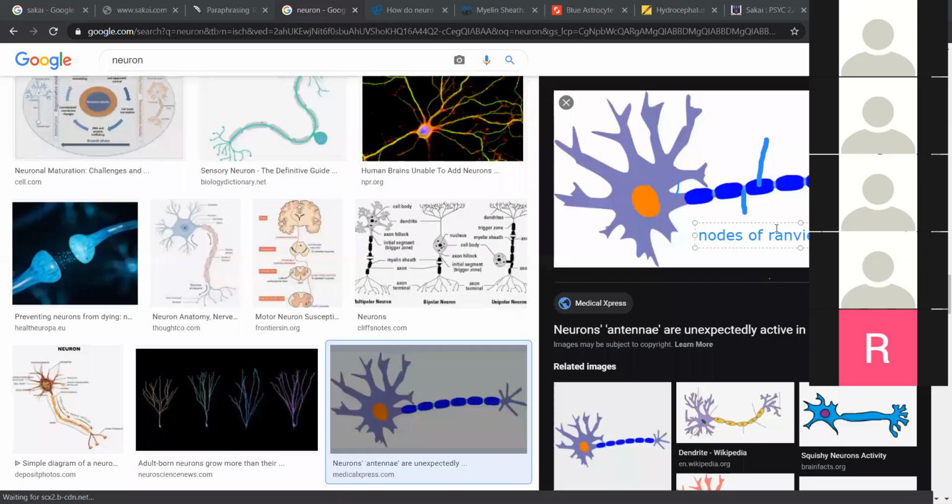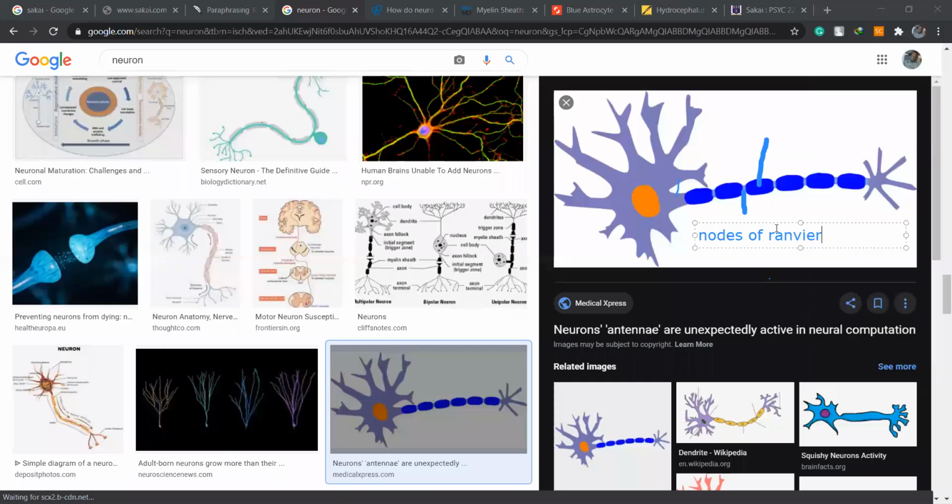And a question could come. You remember I said in a typical neuron, action potential takes place within the axon, right?